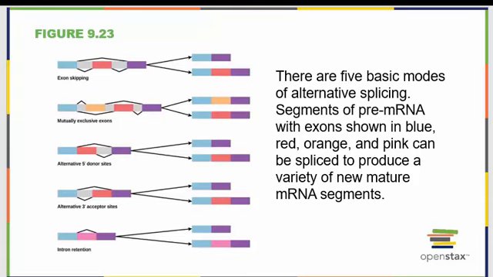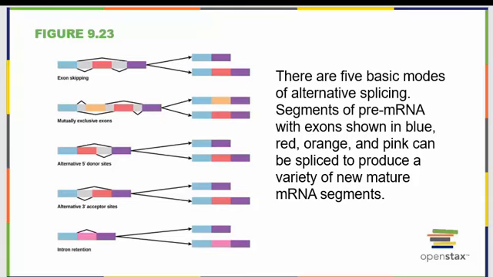You can just skip an exon. Some certain exons can be mutually exclusive of one another. Sometimes you just kind of flip the 5' site, sometimes you flip the 3' site, and then there are certain instances where you actually keep your intron. So it gets a little funky. There's a lot of things you can do to create some pretty cool genes.